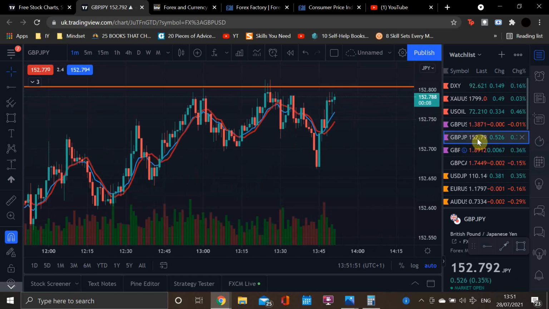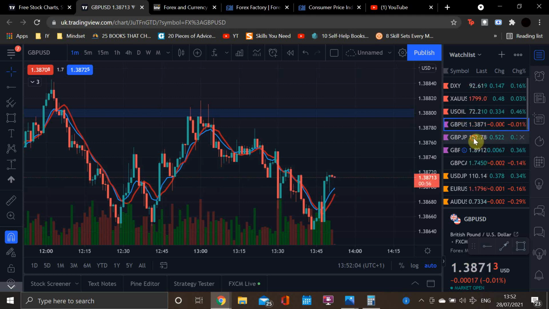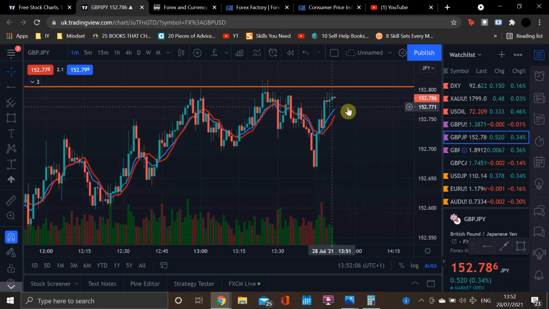Don't want to look too much towards GBP AUD. I've got my stop loss. It will tell me when to take my stop loss. GBP USD, no, I don't think I want to do that. GBP JPY. I'm just watching GBP JPY just in case.